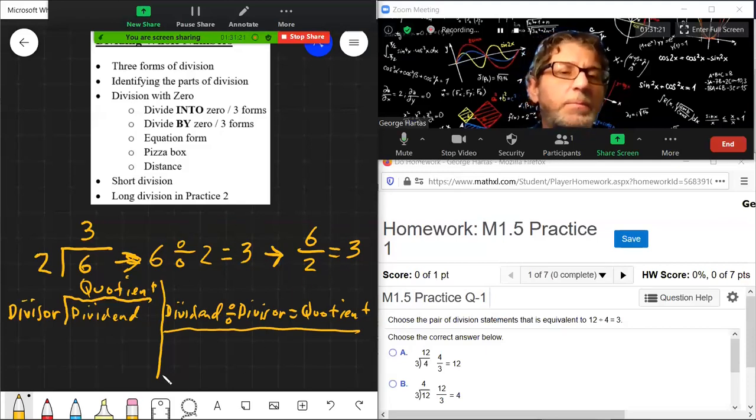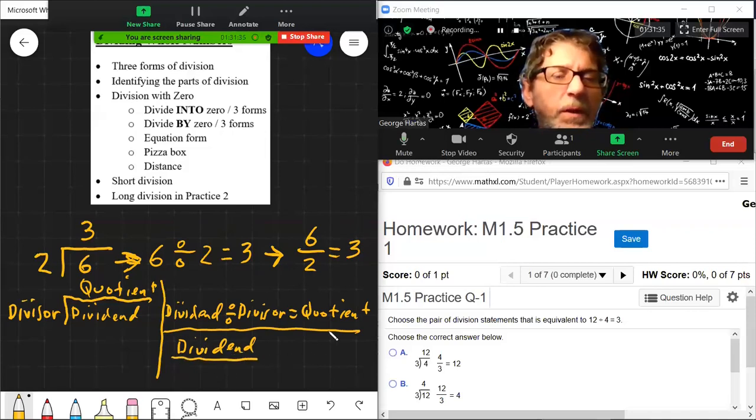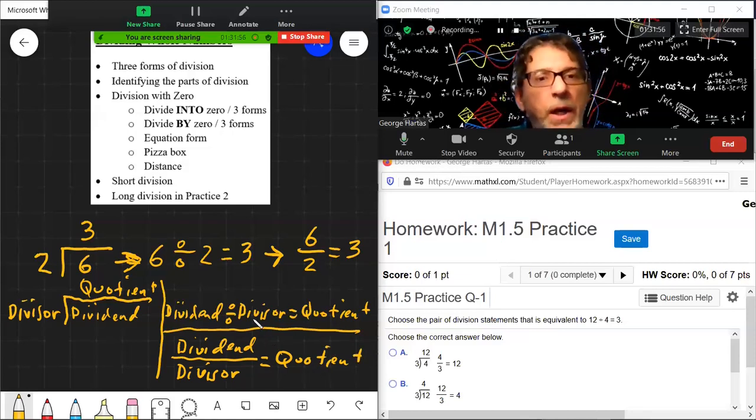And over here, the 6 represents the dividend. We're dividing into the dividend. The 2 represents the divisor. We're dividing by the divisor. And the quotient is the answer. So get familiar with these 3 different ways to represent division.